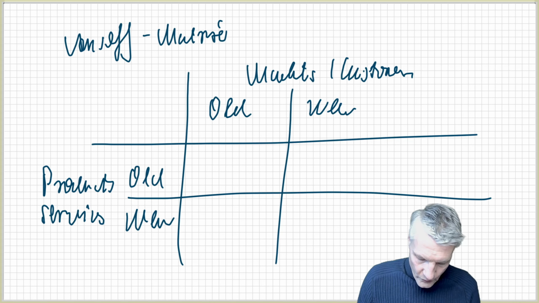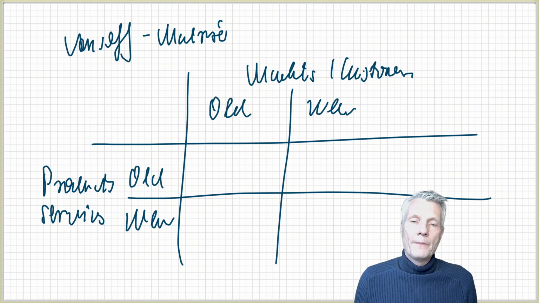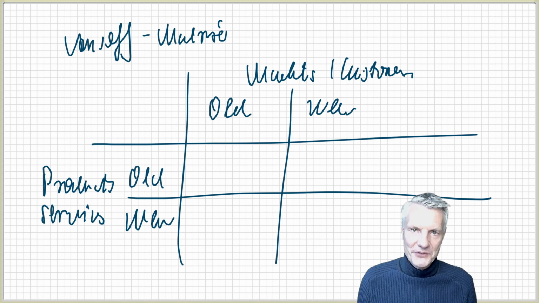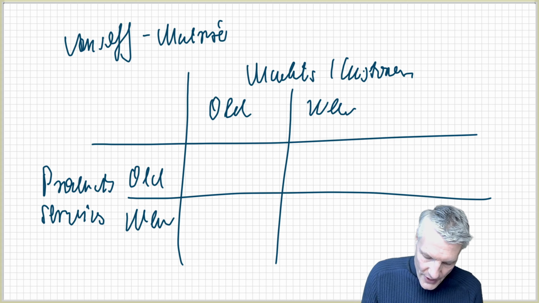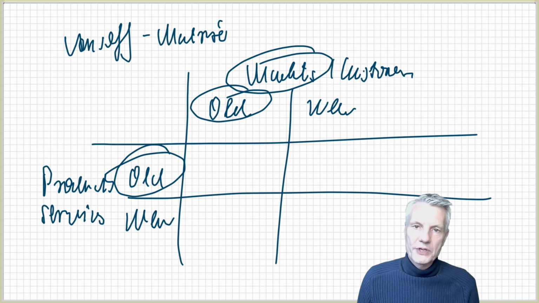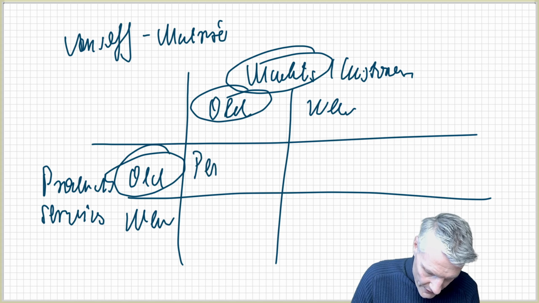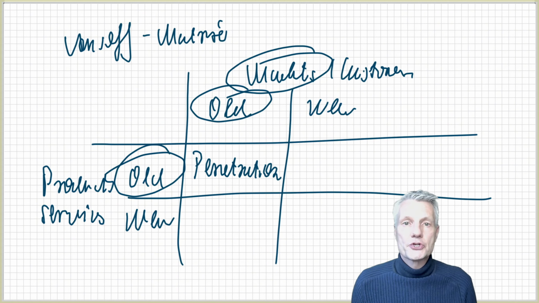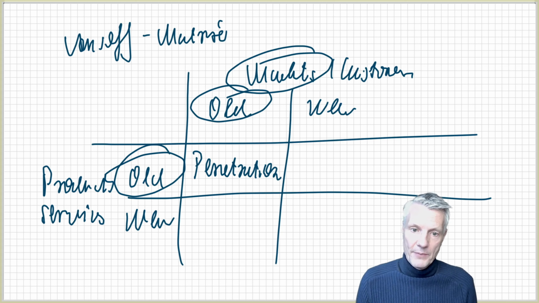So if I want to grow a company, every company wants to grow customer base or net income after tax, profitability, turnover, whatever. If we try to do that on old markets with our current products and portfolio, we call that market penetration. Try to penetrate the market better.